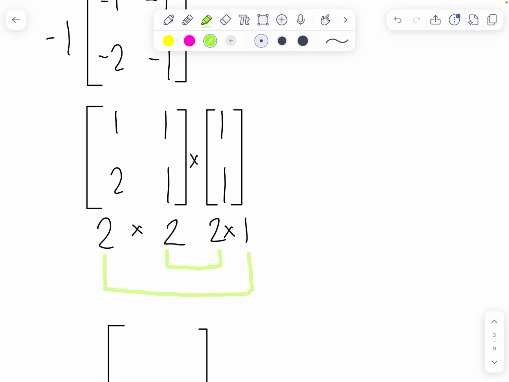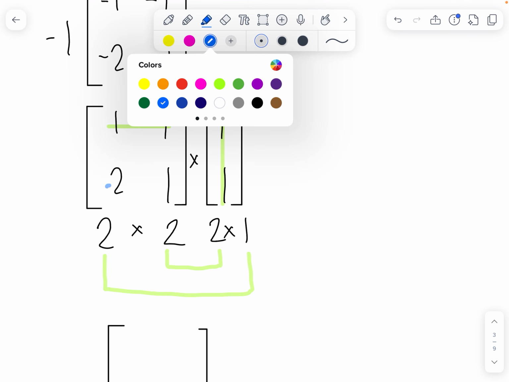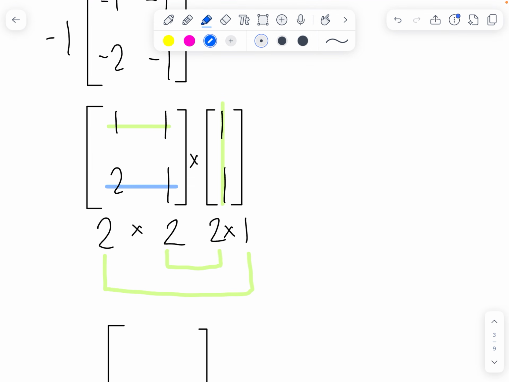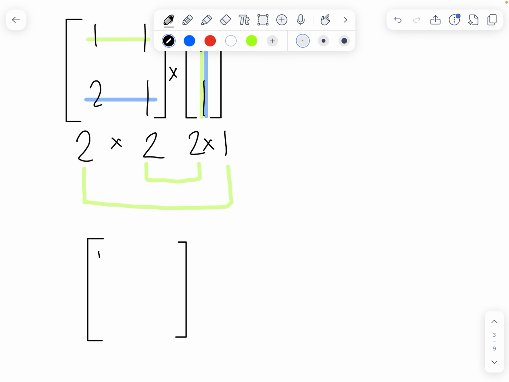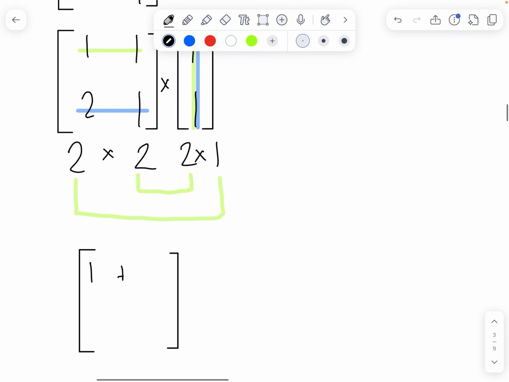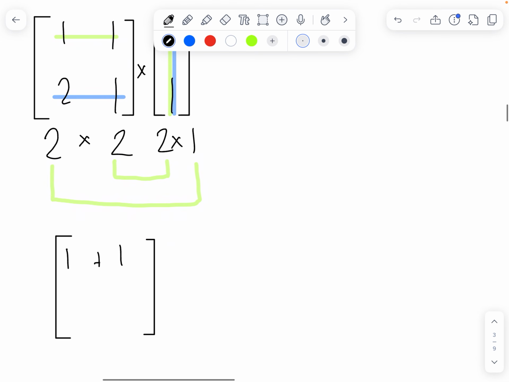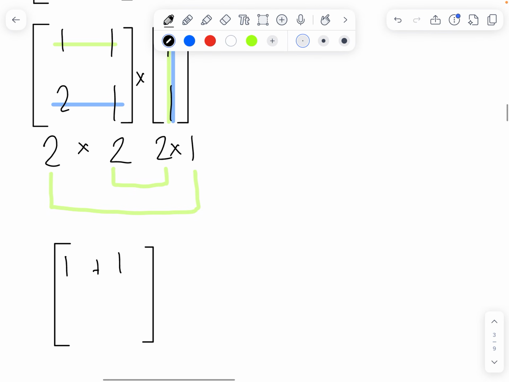Okay, and how you multiply a 2 by 2 matrix by a 2 by 1 matrix is just row times column, and then bottom row times column. So it's 1 times 1 plus 1 times 1. And then it's 2 times 1 plus 1 times 1.